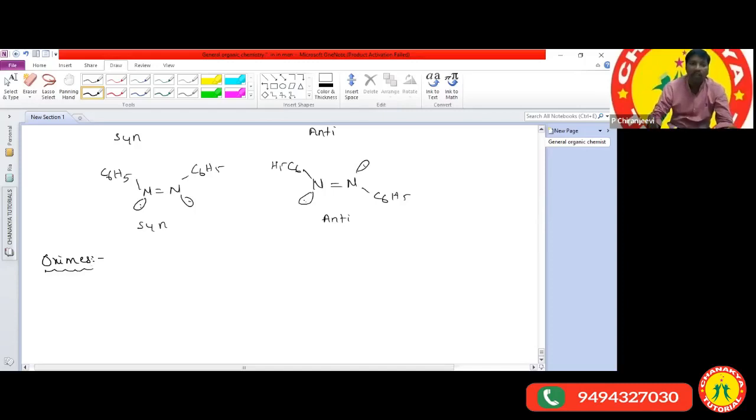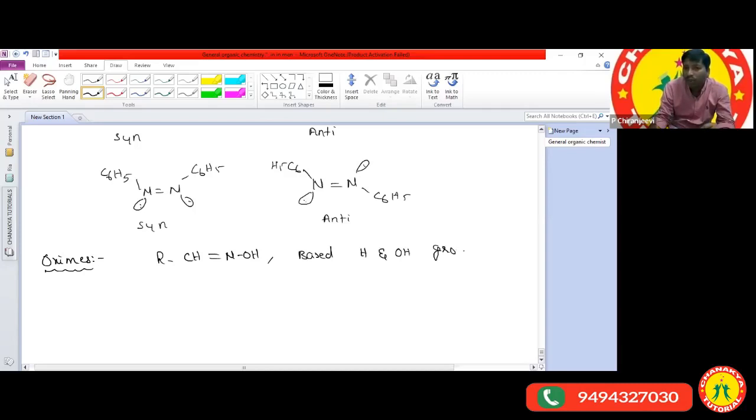Oximes. The general formula of the oximes is R-CH double bond N-OH. In this one, syn and anti are explained based on the H and OH groups.